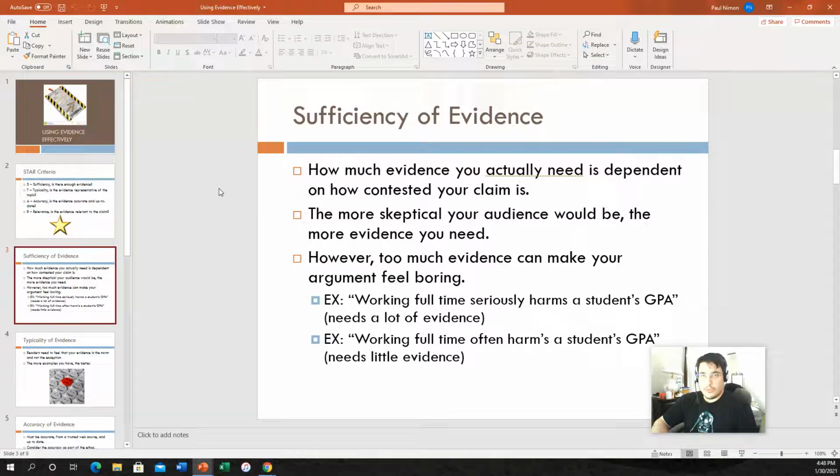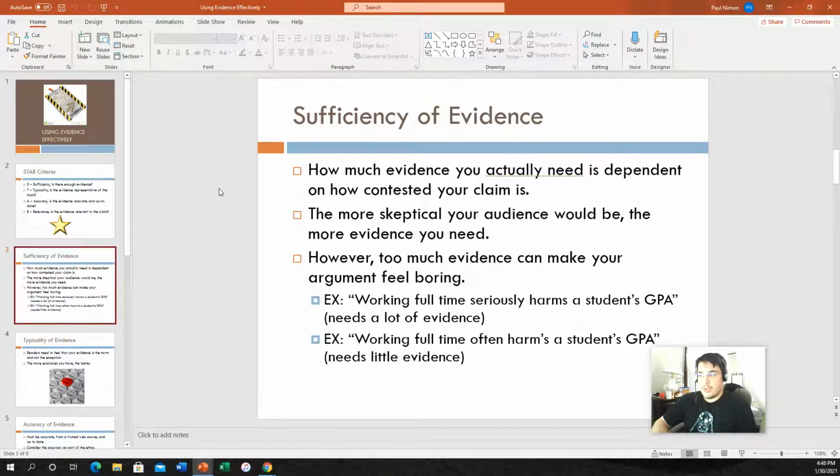See, the more controversial your claim, the more evidence you're going to need to back up what you're saying. So, for example, if I wanted to prove to you that the earth is flat, well, that's not something that most people agree with. So, I'm going to need to use a lot of evidence to prove my case.